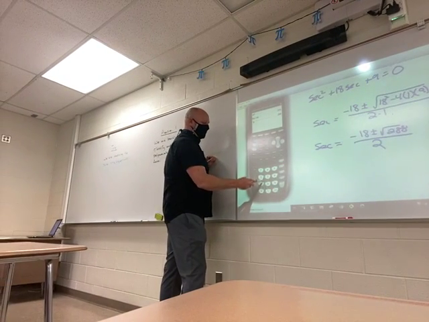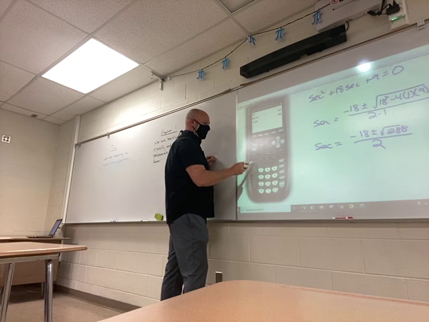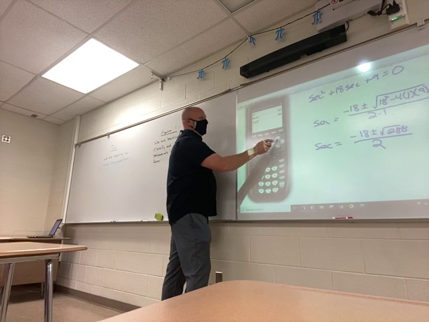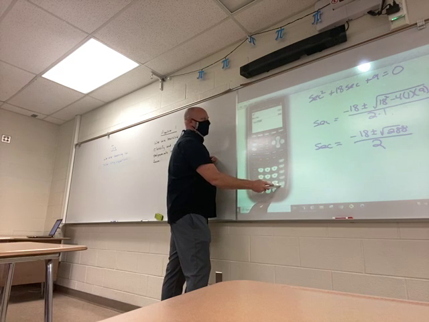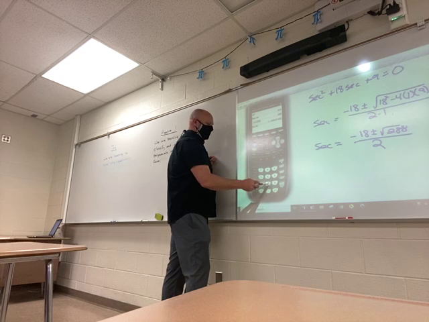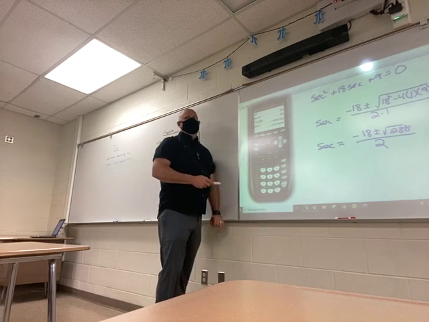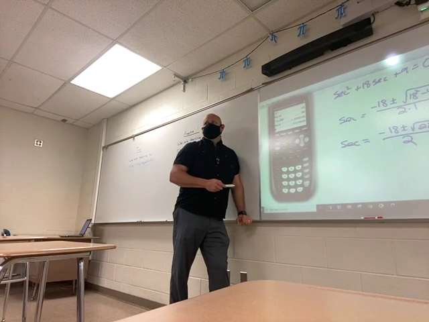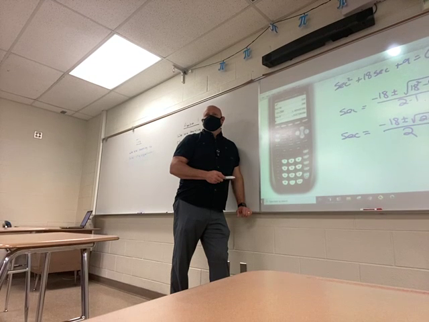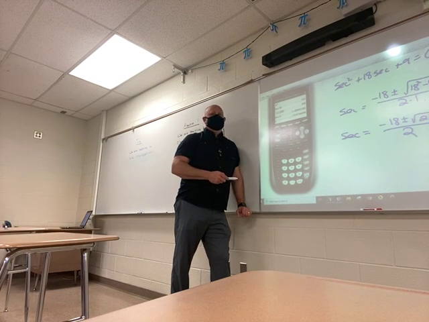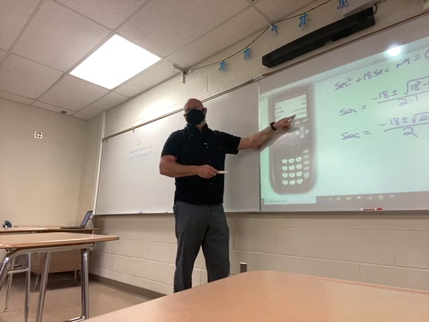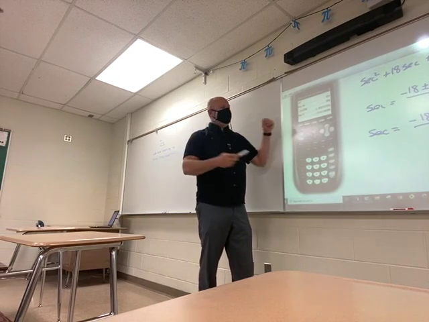So negative 18 plus the square root of that, divide by 2. What's going to happen when I inverse secant that? 0.5. Is that going to work? No. I'm not going to be able to take the inverse cosine of that reciprocal. It's going to be a big number.